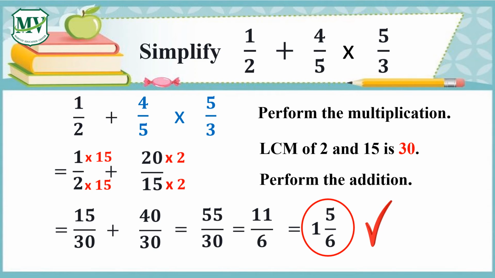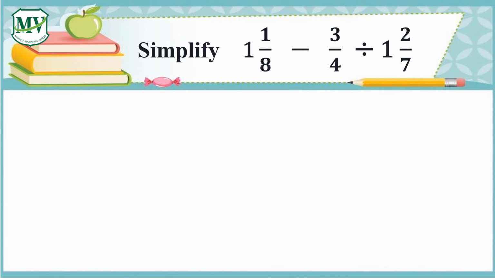Let's take a look at another example. Here's another example. Simplify 1 and 1 over 8 minus 3 over 4 divided by 1 and 2 over 7.